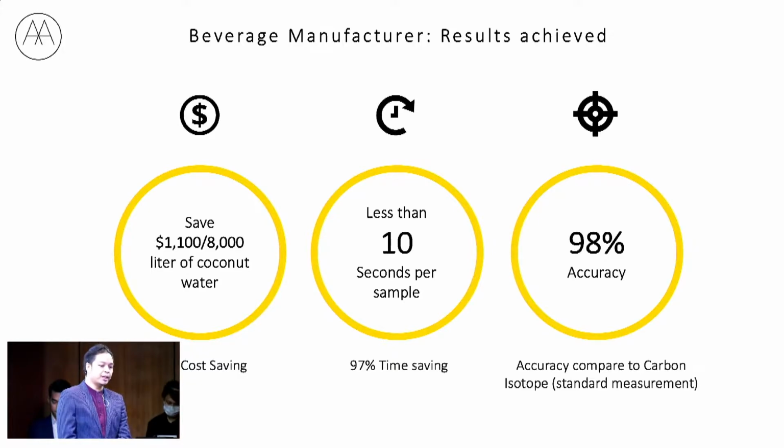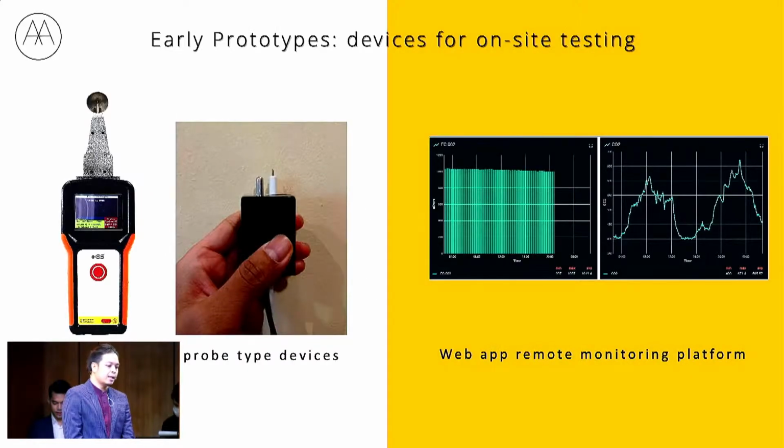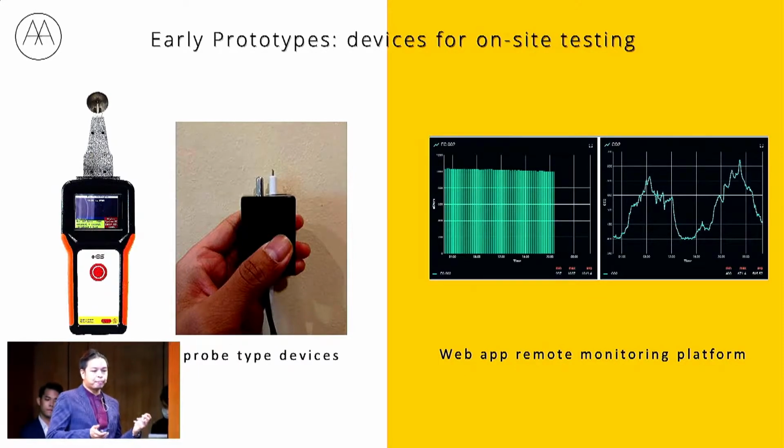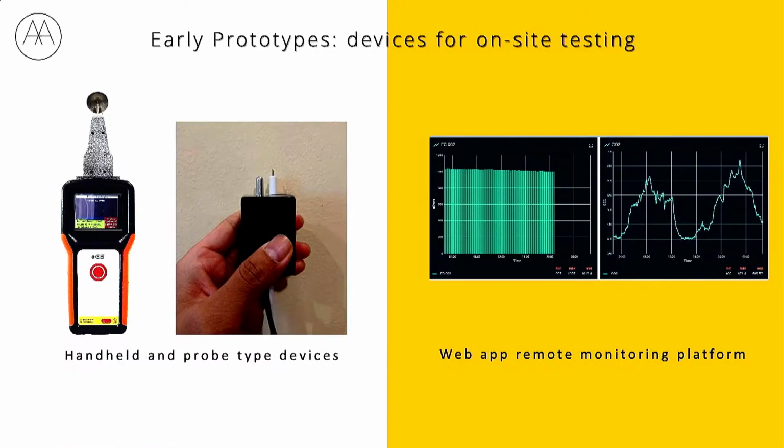And we have a database that is accurate around 98% when compared to carbon isotope, which is the standard measurement. These are the prototype that we are working on. It's for the use case and testimonial. It comprises 2 parts. The sensor device that works with a web interface for making decisions and real-time monitoring for the clients. Some devices have an on-screen for rapid test situations.